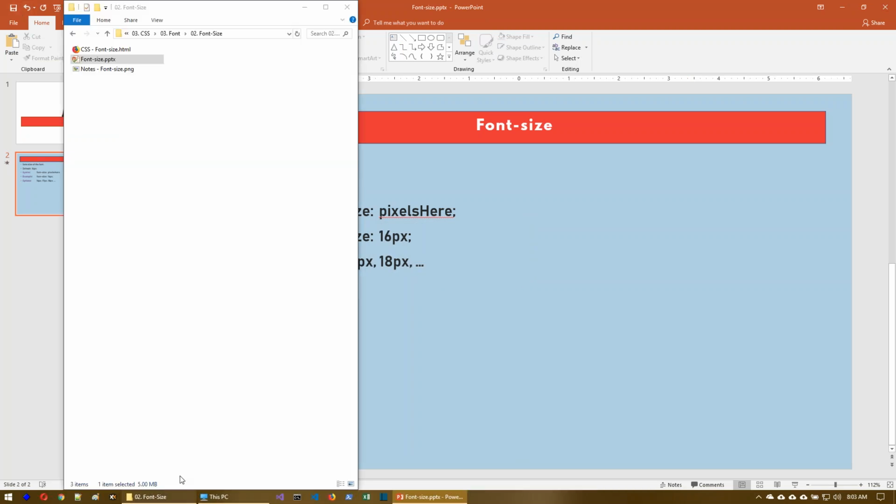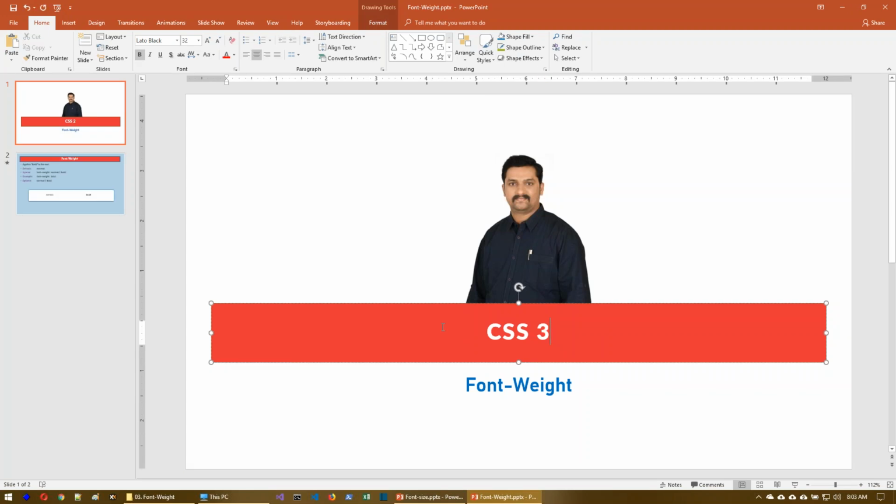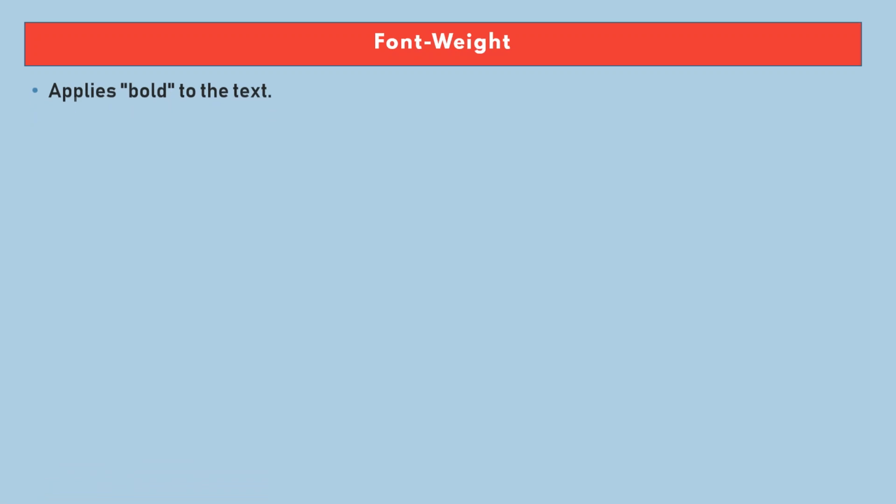Next one, font weight. Font weight property specifies the bold. If you want to apply the bold, we have to use font weight. You have two options, normal and bold. Normal is the default, but we can apply the bold.